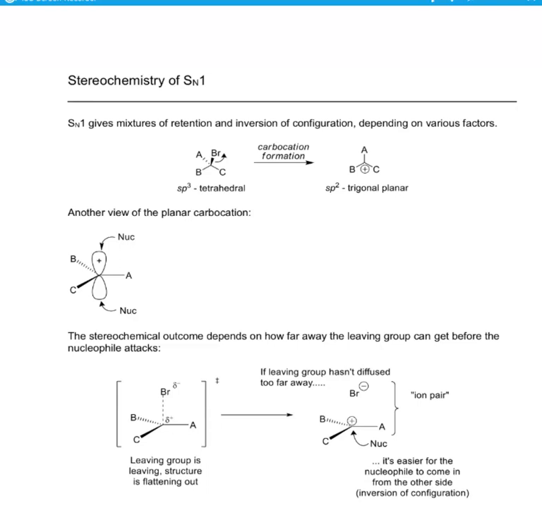You'll recall that a little while ago we talked about the stereochemical outcome of an SN2 reaction. Remember, in an SN2 reaction, the nucleophile attacks in what's called a backside attack from opposite the bond to the leaving group. And that if the nucleophile attacks an asymmetric carbon, the result will be inversion of configuration.